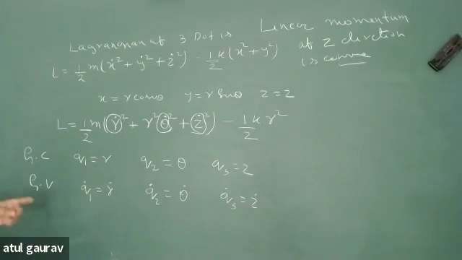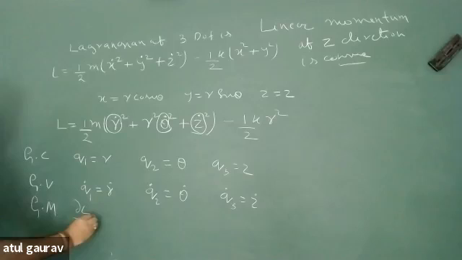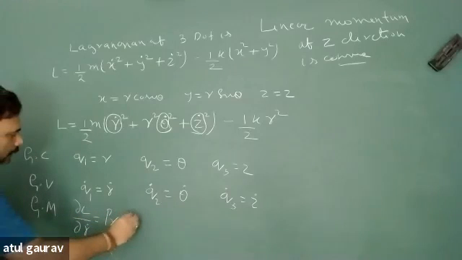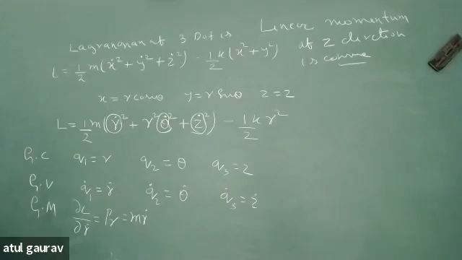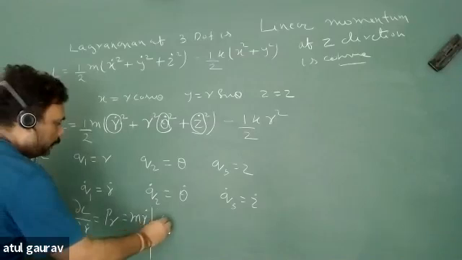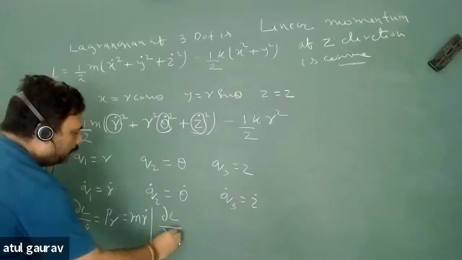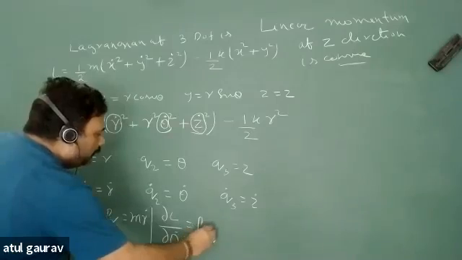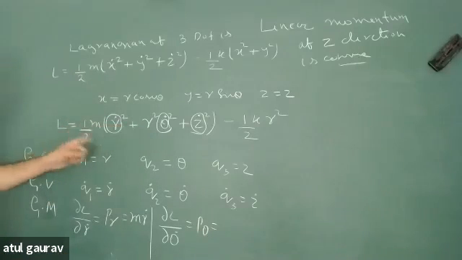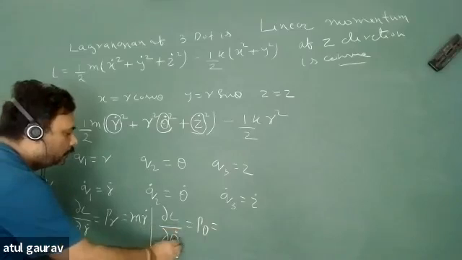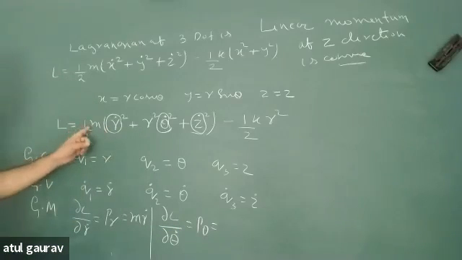And now we can go for generalized momentum. So first, del L upon del r dot, I can say is p_r, and this will be m r dot. And second, del L upon del theta dot is equal to p theta, and when we differentiate with respect to theta dot, we get m r square theta dot, 2 and 2 cancel.